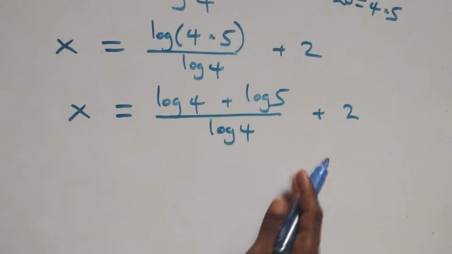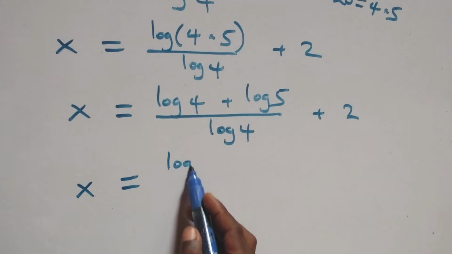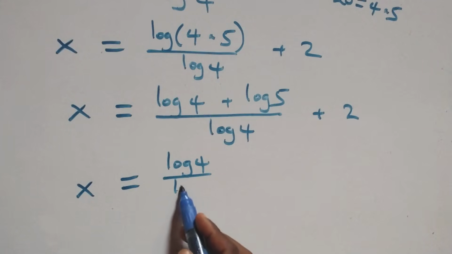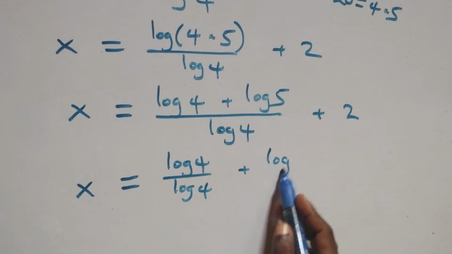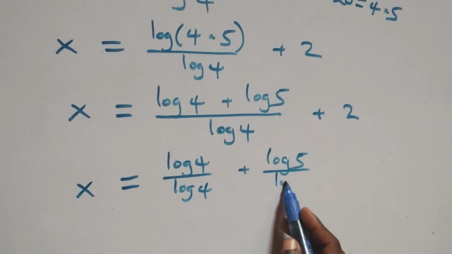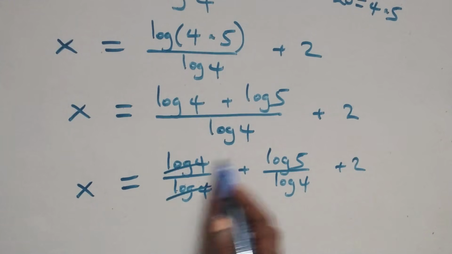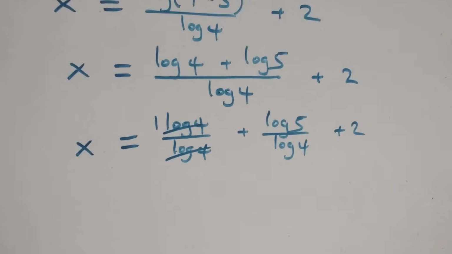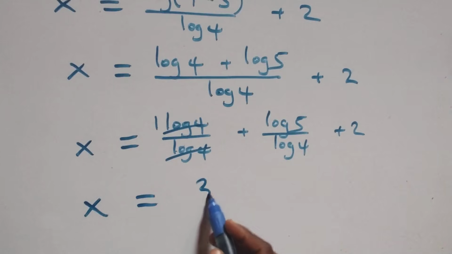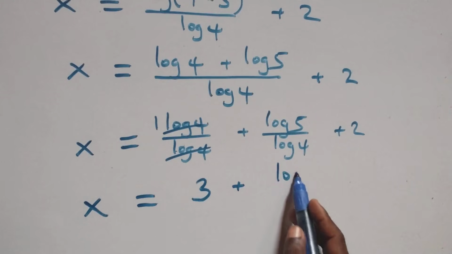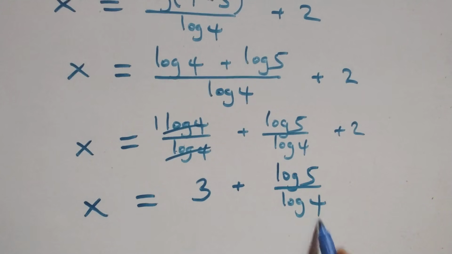Then we separate this into two fractions, and we have x equals log 4 over log 4 plus log 5 over log 4 plus 2 here. And here, log 4 cancel each other, we have 1 left, which implies this becomes x equals 1 plus 2, that's 3, then plus log 5 over log 4.